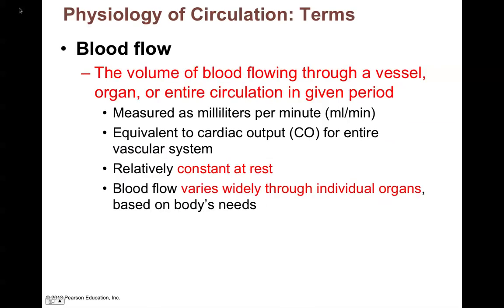Now we're going to talk about blood flow. So what is blood flow? Blood flow is the volume of blood flowing through a vessel, organ, or the entire circulation in a given period. Typically, it's measured as milliliters per minute, and it's equivalent to cardiac output, represented CO. This doesn't mean carbon monoxide in this context, but cardiac output for the entire vascular system.